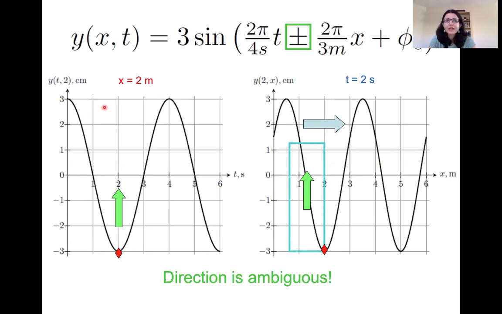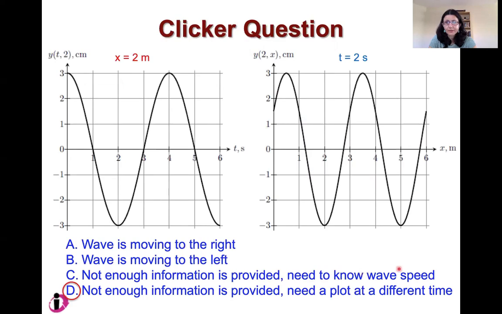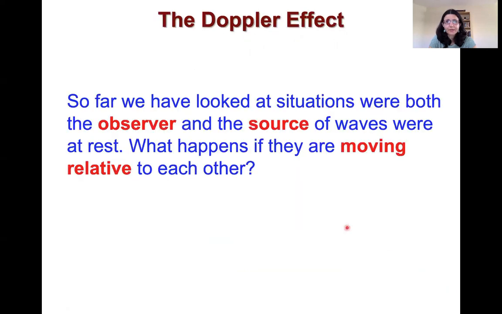So this is just not a good choice of the two plots to give you direction, and you cannot figure it out from these two. But in any other scenario, when the common point is anything other than a crest or trough, then you could use that argument of shifting the wave to figure out which way the wave is moving. All right, so it was a bit of a tricky example.